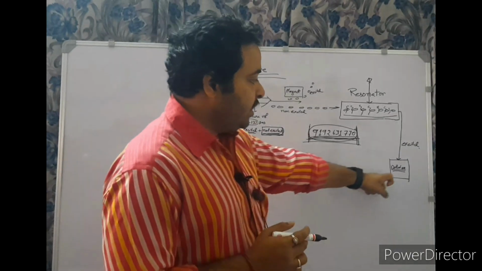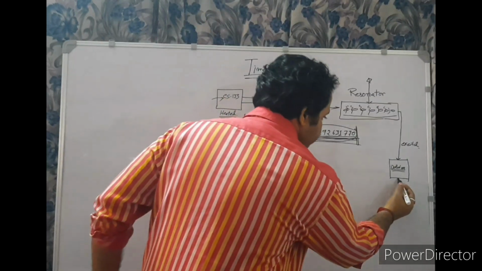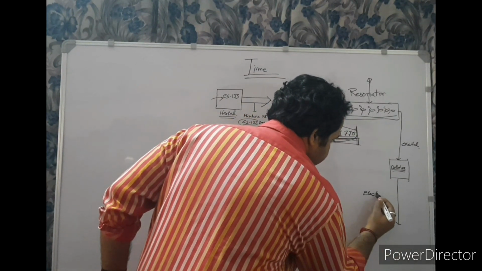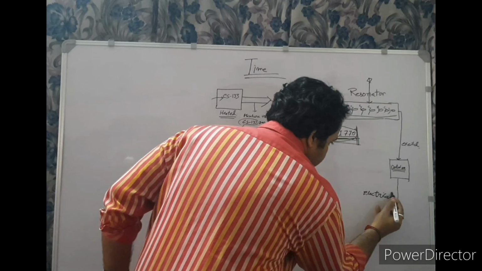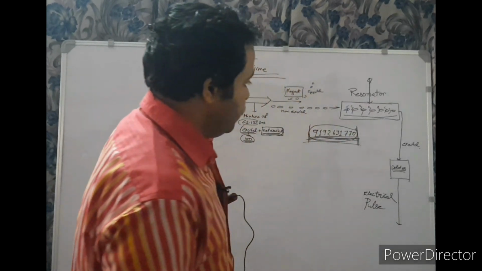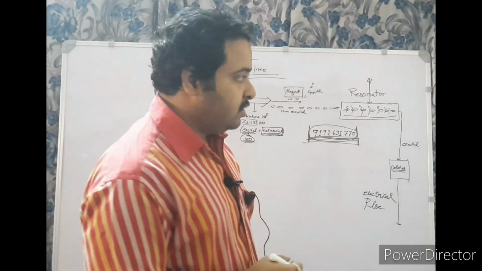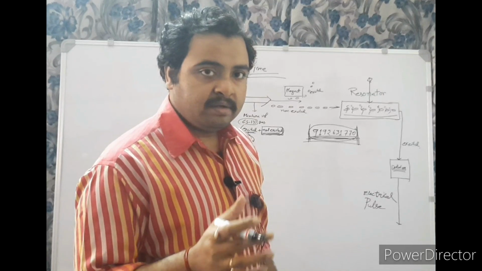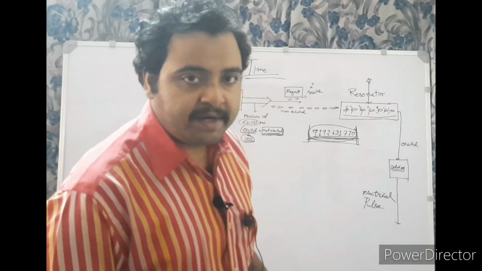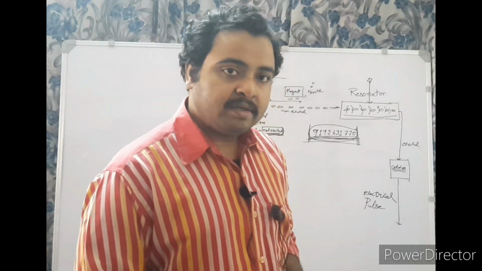Whenever it detects the change in energy level, it produces an electrical pulse. So when at first lower state cesiums are entering this detector, it will not detect higher energy, so it will not generate any electrical pulse.